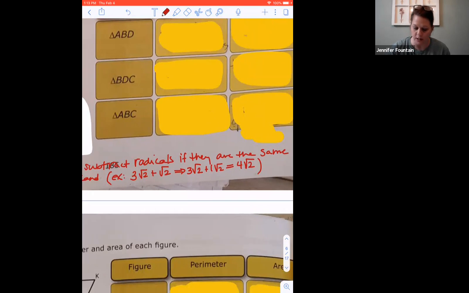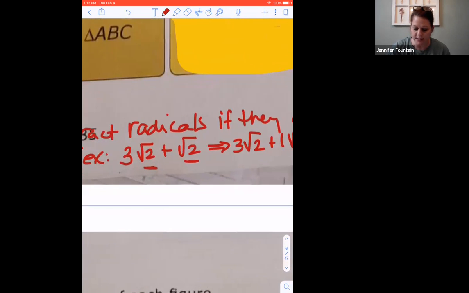Same thing with subtraction, as long as my radicals are exactly the same. That means my index is the same. Remember, my index is the little number that goes right there. If there's not a number there, I understand that it says 2 for square root. Okay, so as long as those two are the same, I just add my coefficients or those numbers in front.